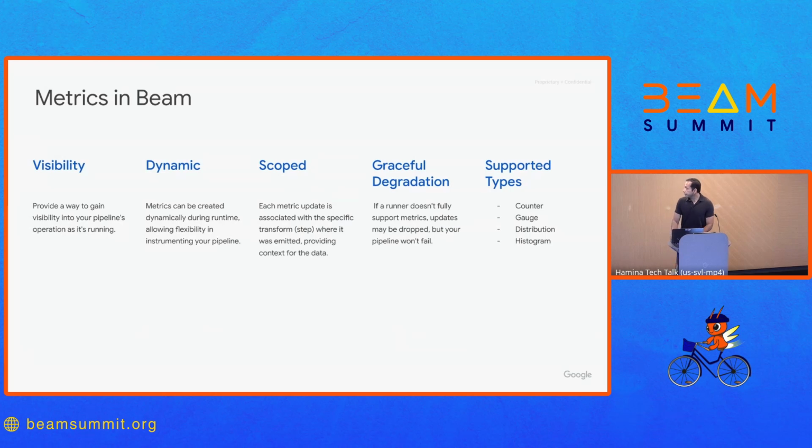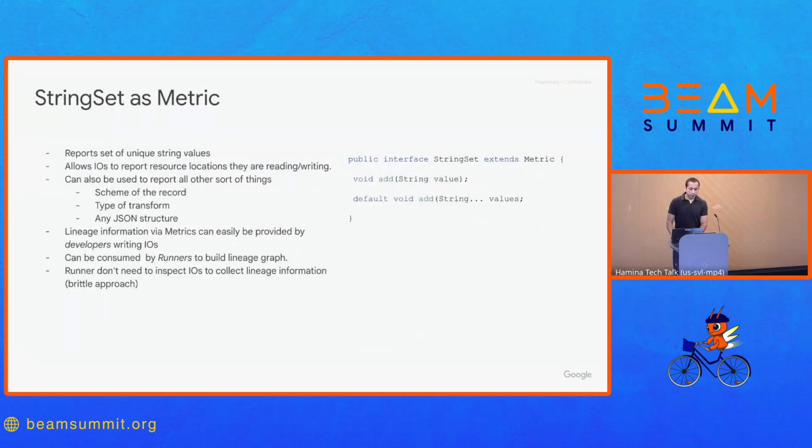Currently, the supported types of metrics in Beam are counter, gauges, distribution, and histograms. Traditionally, metrics are generally numerical in value, but they don't have to be. So we added a metric in Beam called string set, which, as the name suggests, is basically a set which contains all unique strings which have been reported.